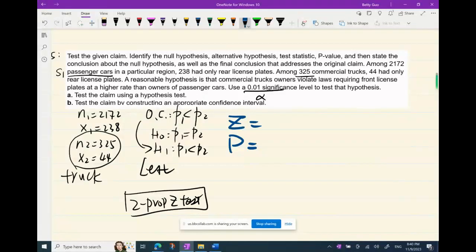Then you would go back to the main screen, and then you go to stat, tests, number 6, 2-proportion z-test.